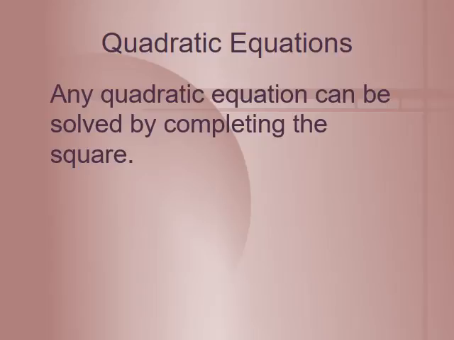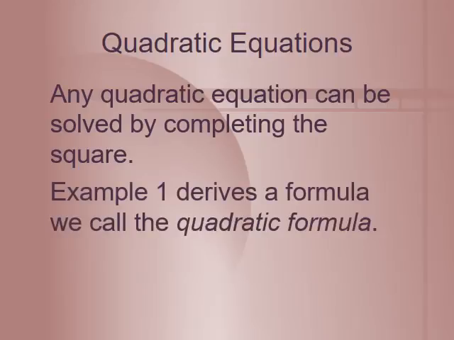When you're solving these quadratic equations, you need to put them in a form where you can complete the square. If you look at example 1 on page 502, it will go into more detail as to how they got the quadratic formula.